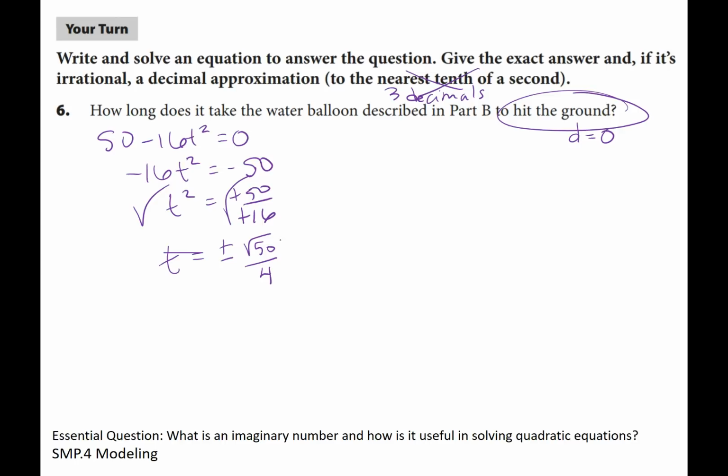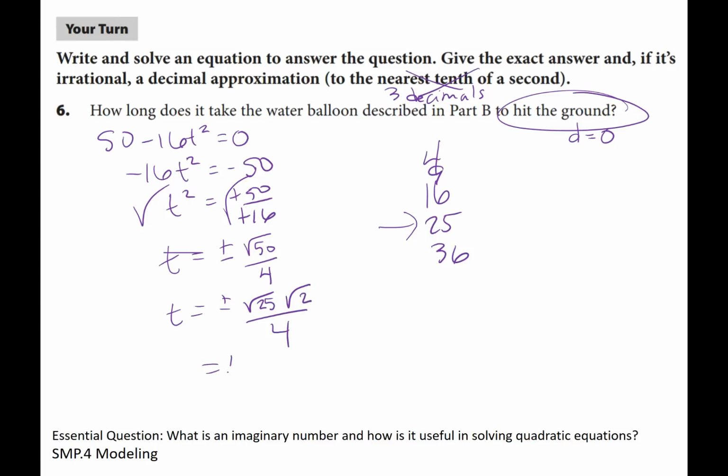Now, that's not simplified all the way because I can break that 50 down. I can break it into a can and a can't-do box. So the biggest square number that goes into 50. So let's see, we've got 4, 9, 16, 25, 36. I know 25 goes into both of those. So square root of 50 breaks into 25 times 2.